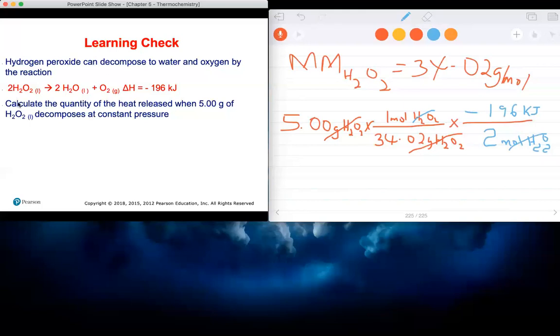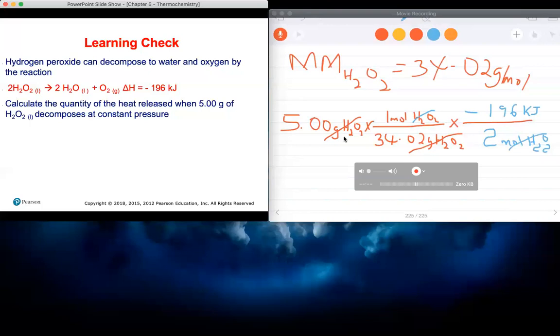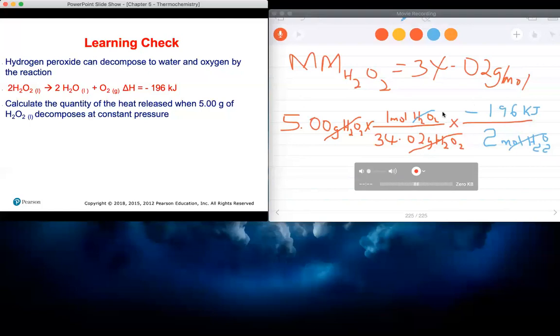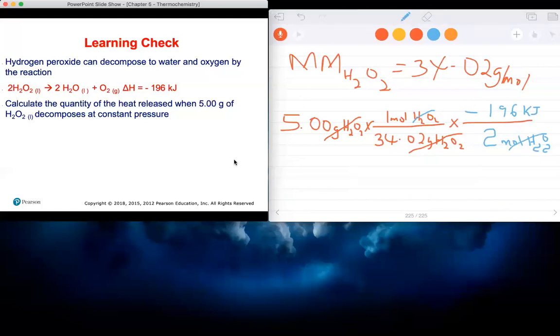If I had 4 here, I'm going to put 4 here. If I had 5 here, I'm going to put 5 here. If this was positive, I'm going to put positive at the top right there. Be careful with the sign convention, because you may have the same numerical value, but the sign will be different. So that is 5 times 196, divided by 34.02, divided by 2.